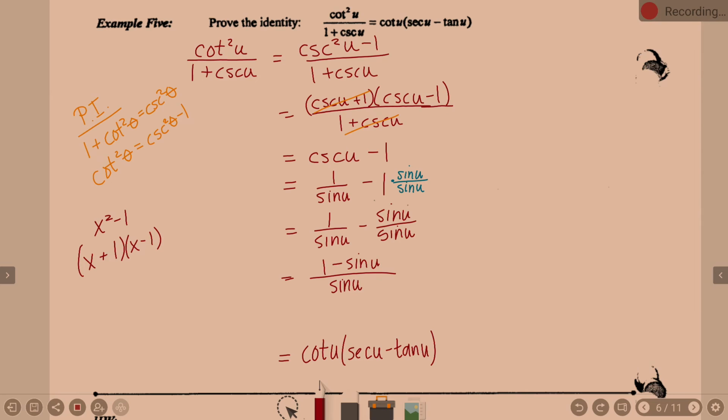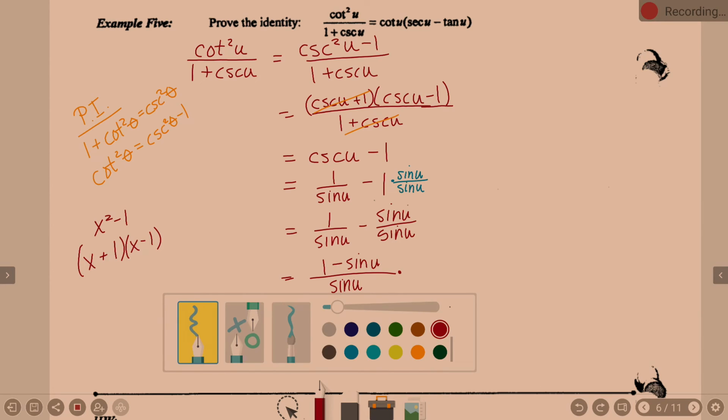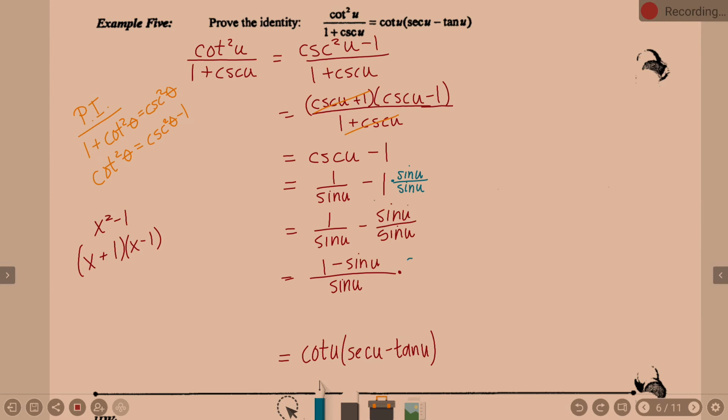The idea is, if you're going to multiply a fraction by something, you can multiply it by anything you want as long as it's equivalent to 1. So here's the idea I went with. Let me pick a different color. I multiplied numerator and denominator by cosine u.